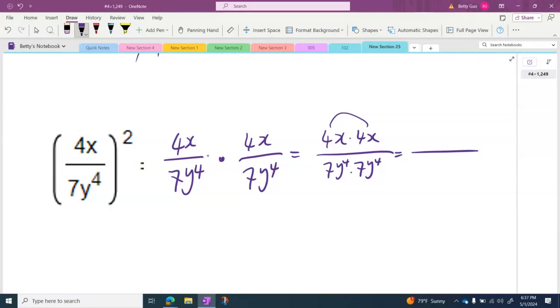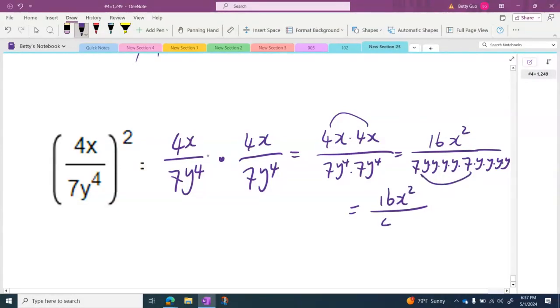The numerator is just 4 times 4 is 16, x times x is x squared. So that gives me 16x squared.